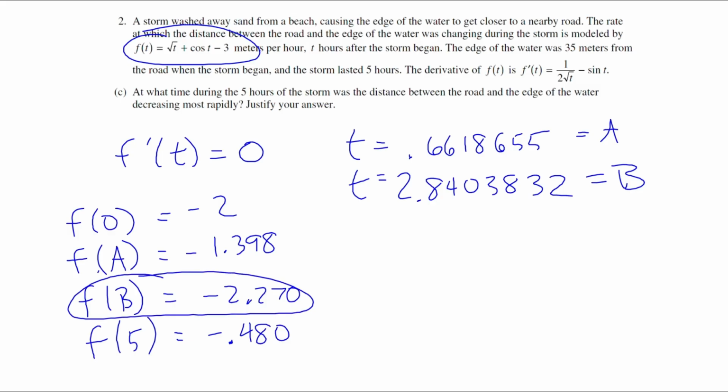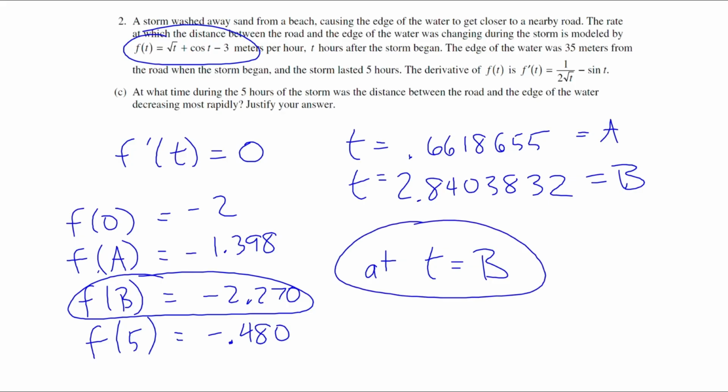So it is decreasing most rapidly at t equals b, or t equals 2.8403832. And they gave you 3 points for this: 1 for just considering f prime of 0, 1 for finding the correct answer, and 1 for the justification and that you tested those values.